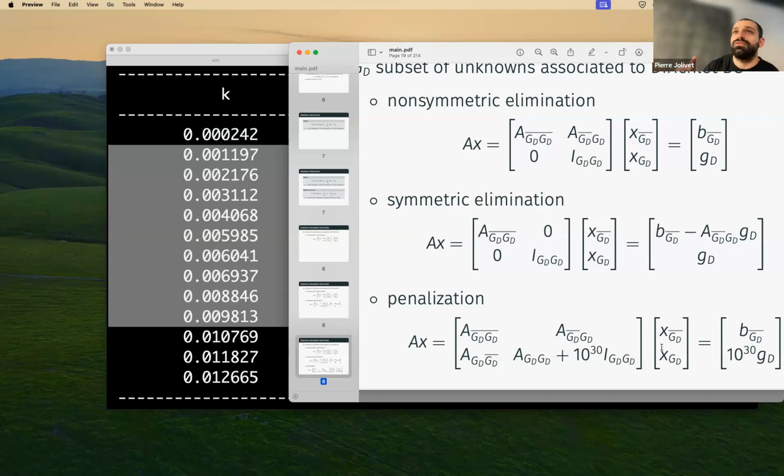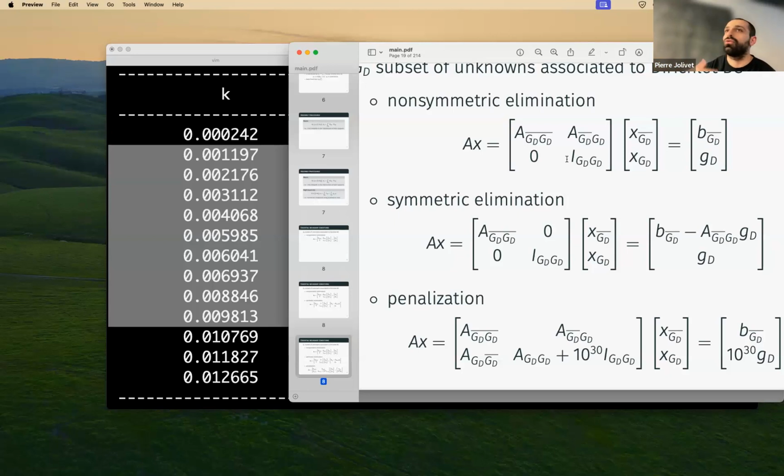When we use TGV equal -1, in practice it means that we do non-symmetric elimination. For nodes associated to Dirichlet unknowns, we put 1 on the diagonal and 0 on the row. That means that the problem becomes non-symmetric, even if you are discretizing a symmetric bilinear form, but it's much more stable numerically.